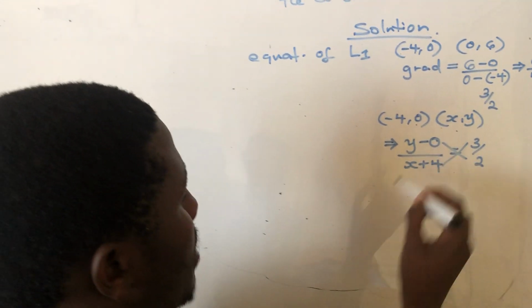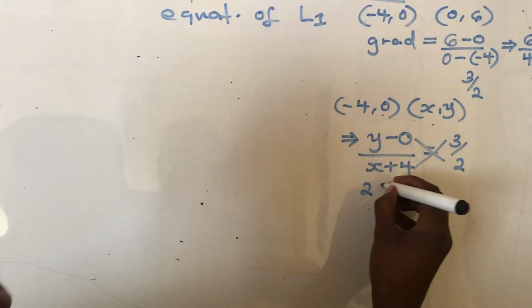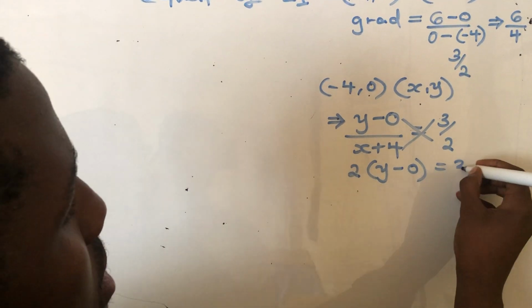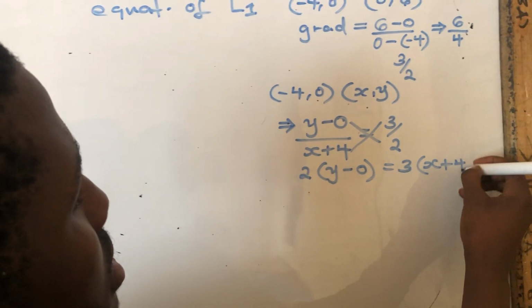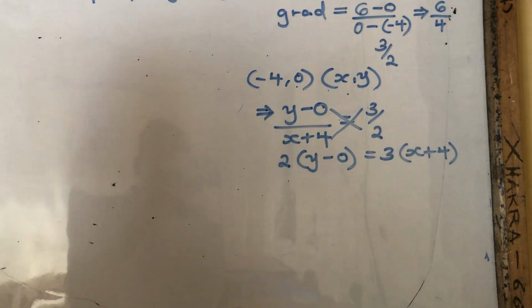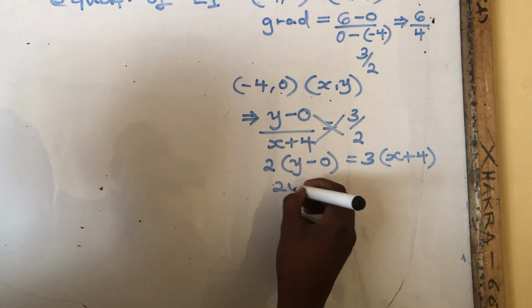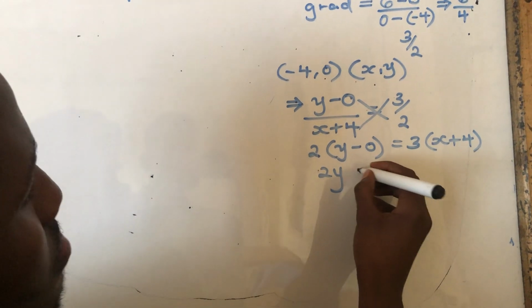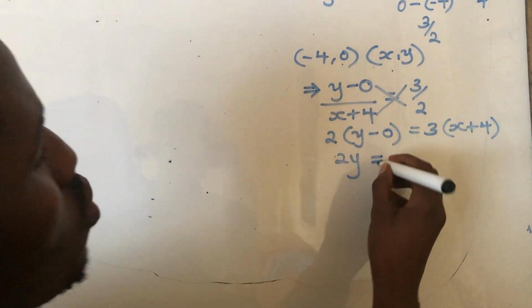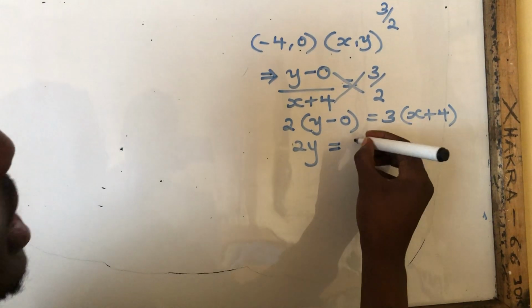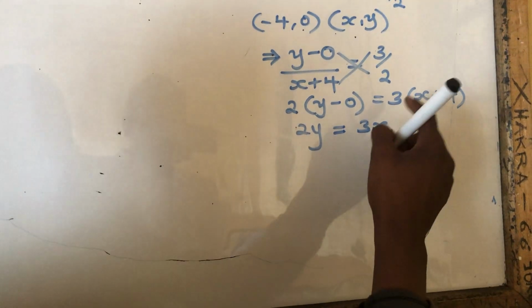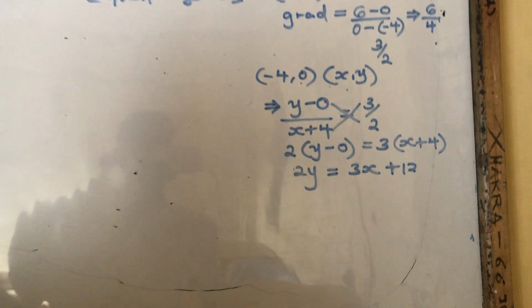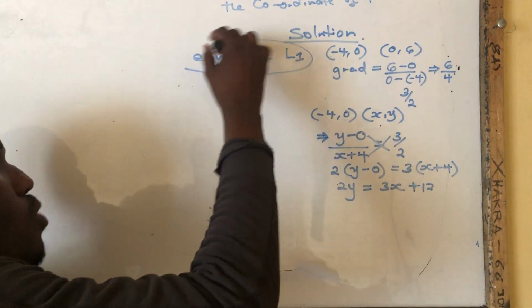We will then cross multiply. So the 2 will be multiplied by y minus 0, then the 3 will be multiplied by x plus 4. 2 times y will give us 2y, and 2 times 0 will give us 0. We can ignore the 0, equals 3 times x will give us 3x, and 3 times 4 will give us 12.